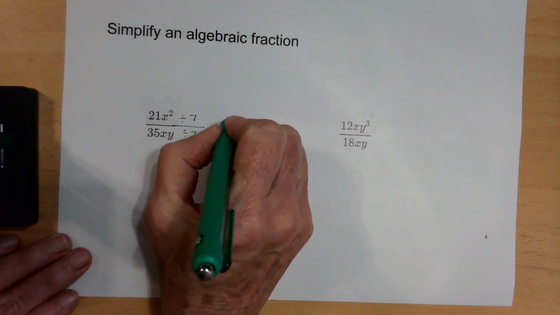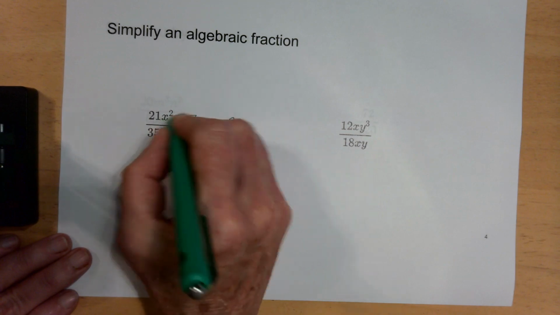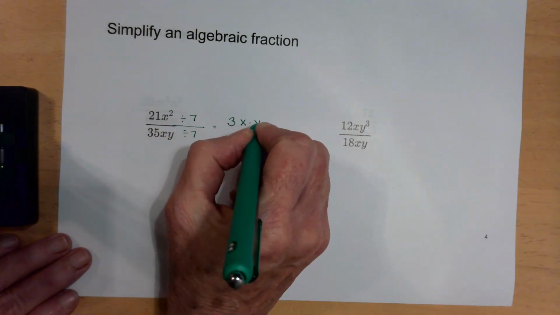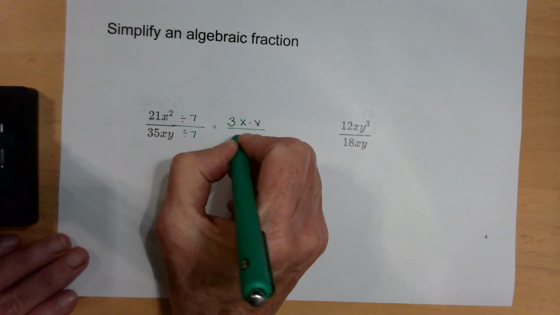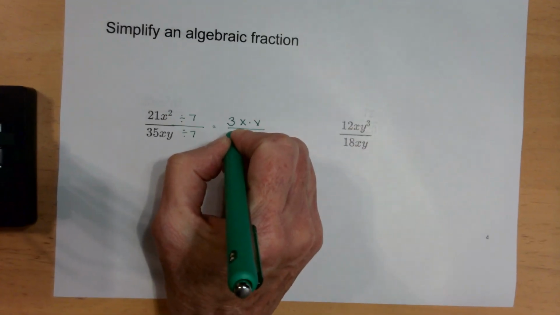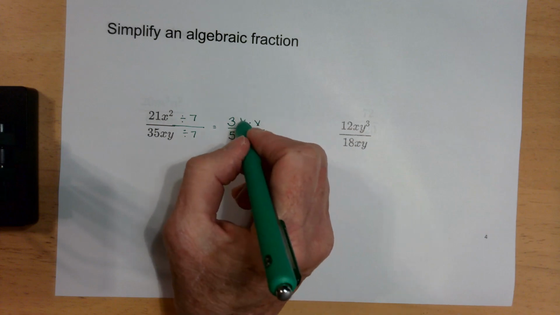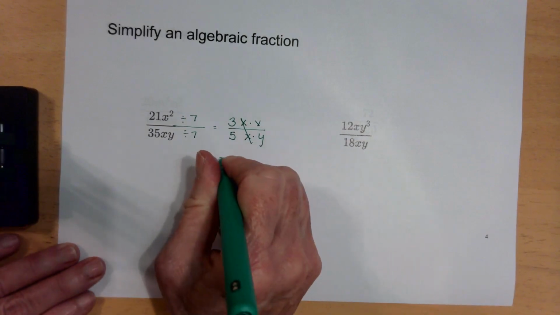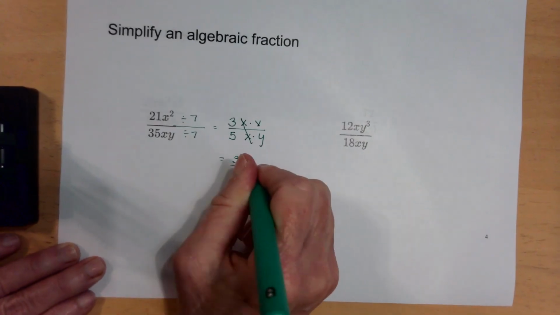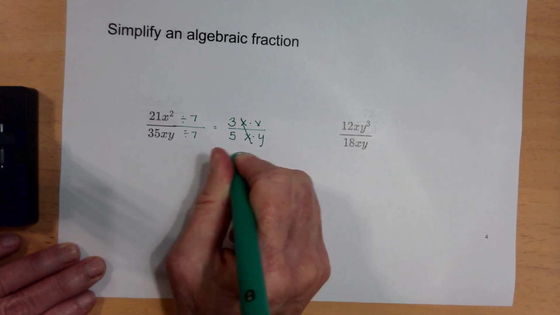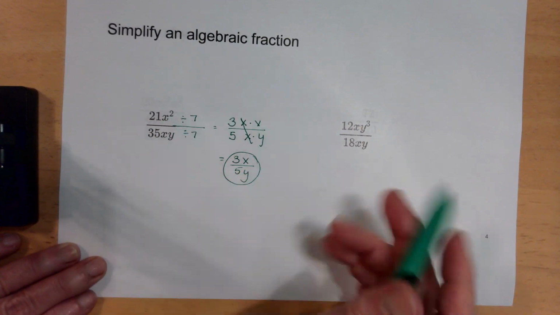So that's going to give me a 3, and now I'll do the prime factorization of the letters. So I have x times x, and on the bottom, I have x times y. Well, x over x is equal to 1, so I'm left with 3x over 5y, which would be the simplest form of that fraction.